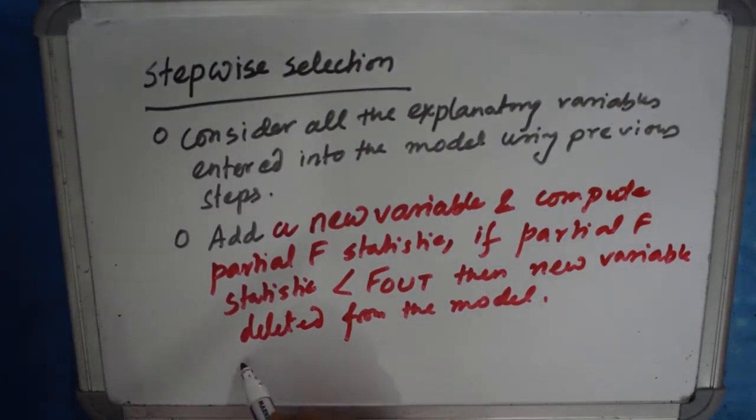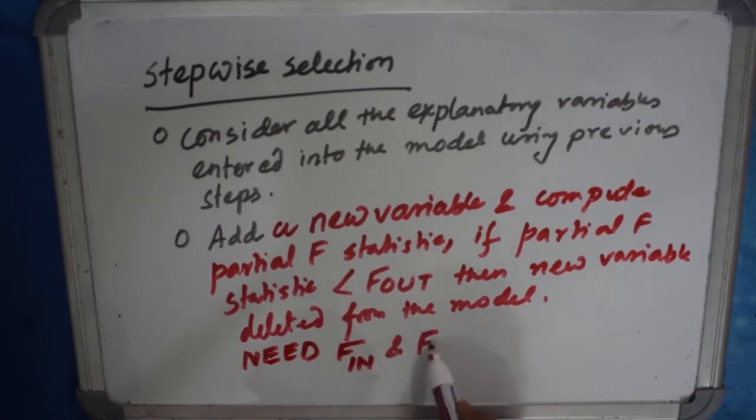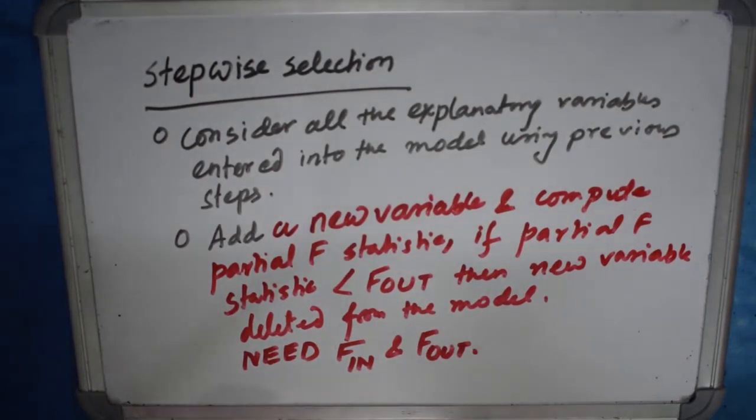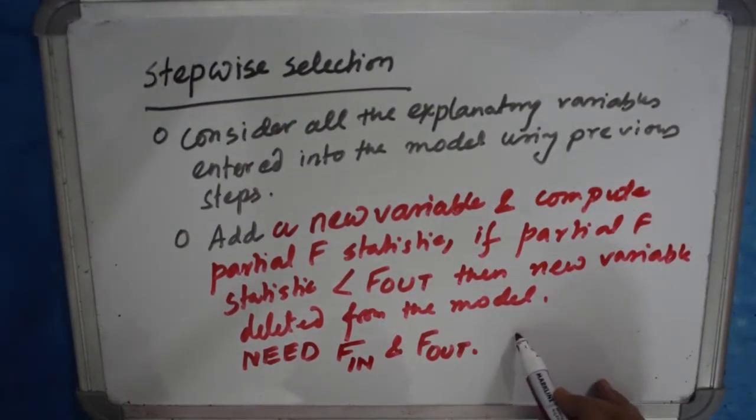Here we mention that we need F in and F out for this method. Sometimes F in is equal to F out, or sometimes F in is greater than F out.